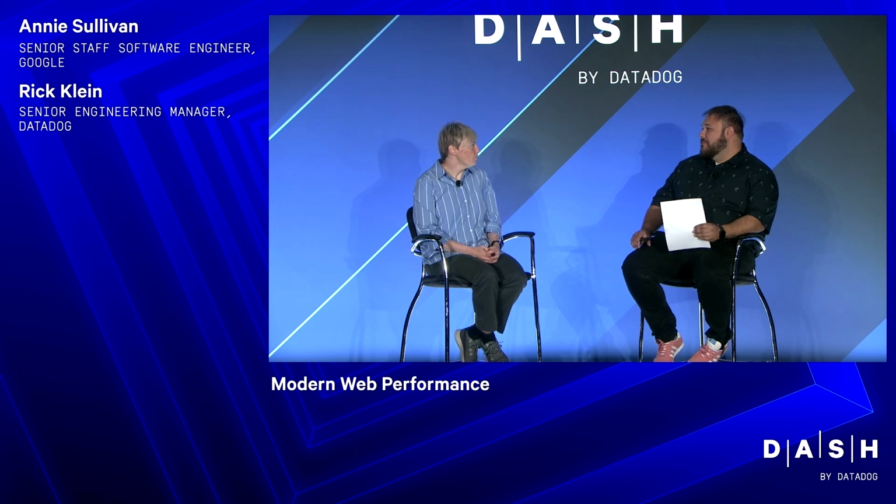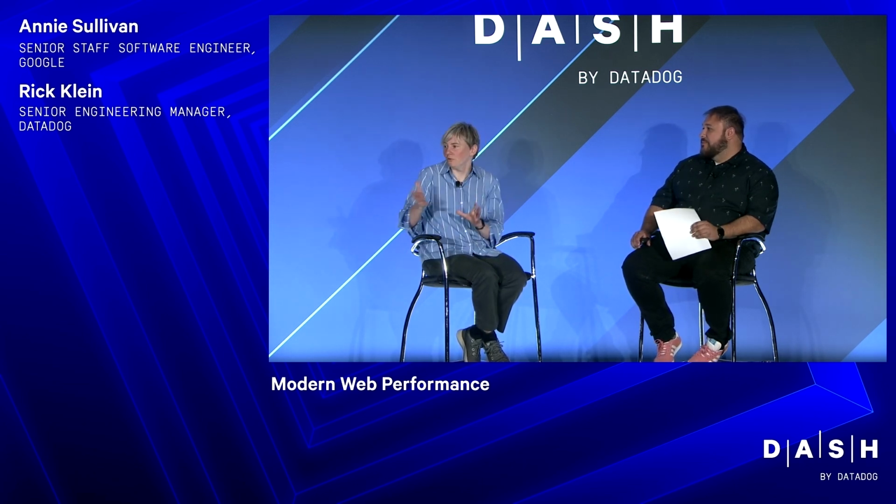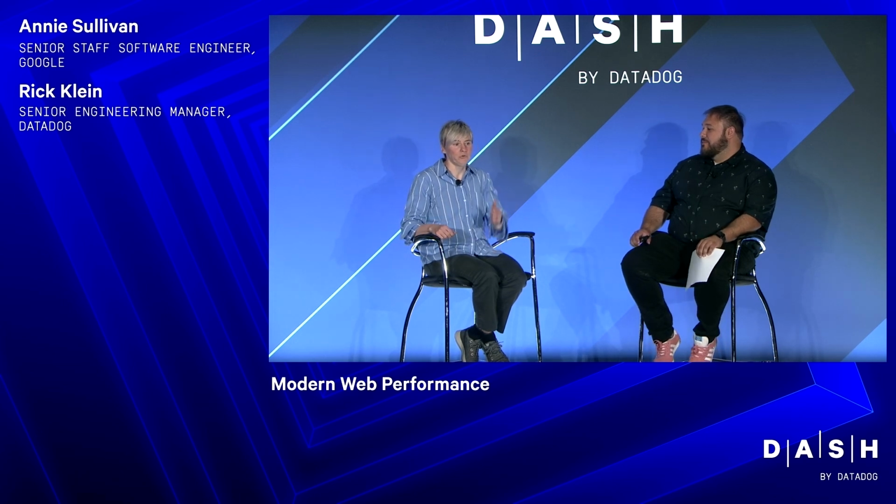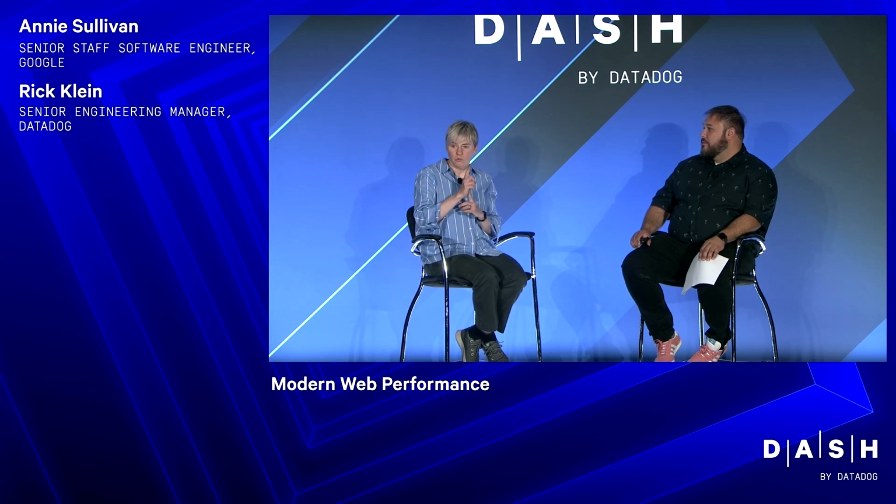So is that a RUM number or a lab number? It's a RUM number. Okay, so a RUM number, just to recap, that's real user monitoring. So we're seeing that number from real users in the wild. What's really great about real user monitoring is that you don't just get one number, your largest contentful paint. My team works on web performance APIs, like navigation timing. They give you a lot of different data points.